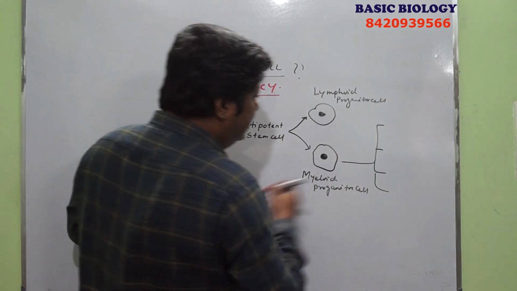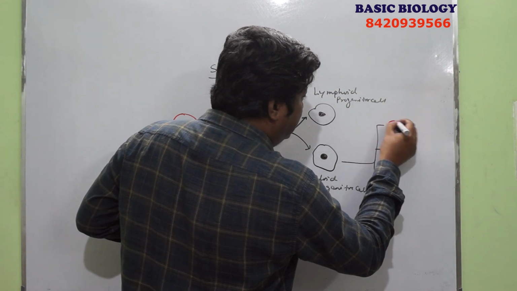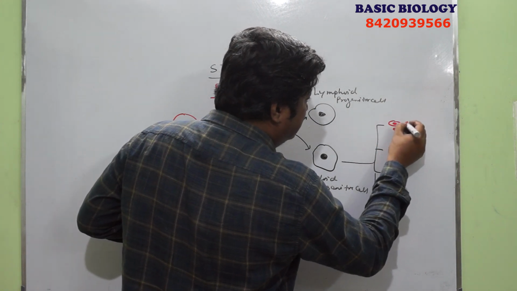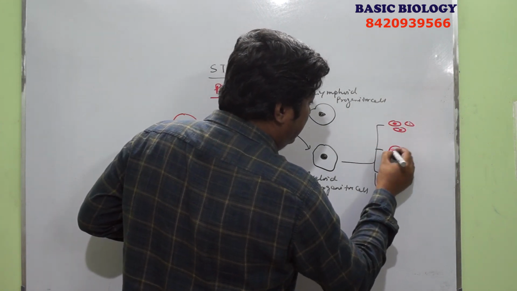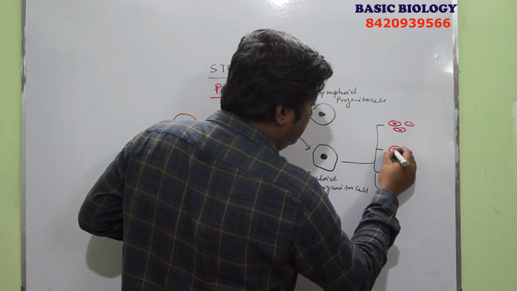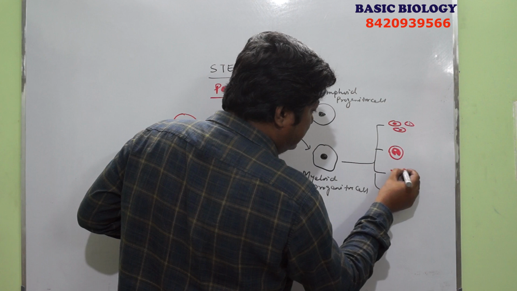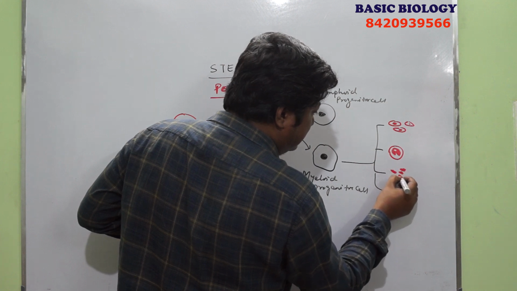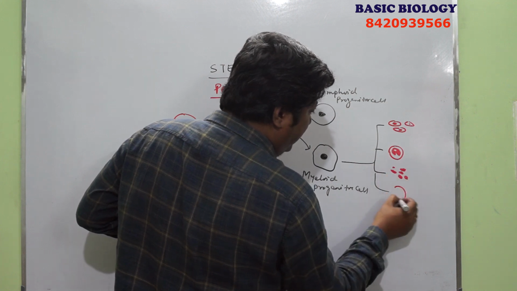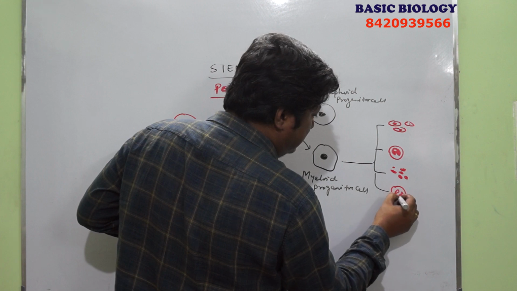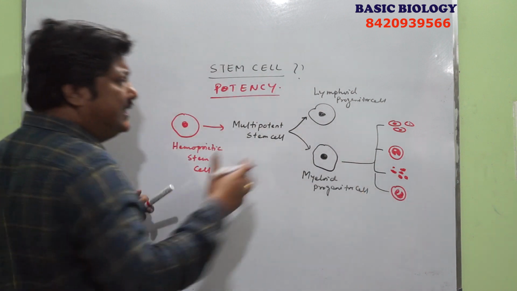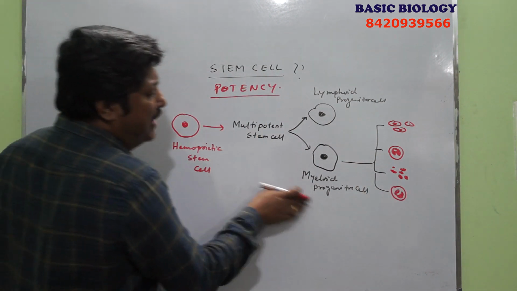Say for example, the RBCs, the neutrophil, the platelets, the basophil. These types of cells are produced from these myeloid progenitor cells.